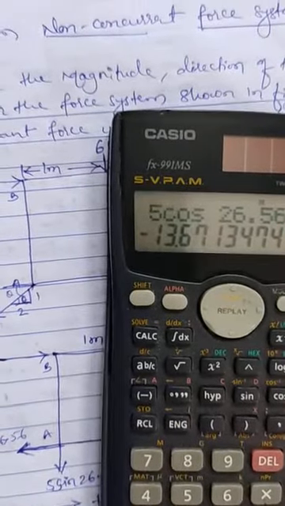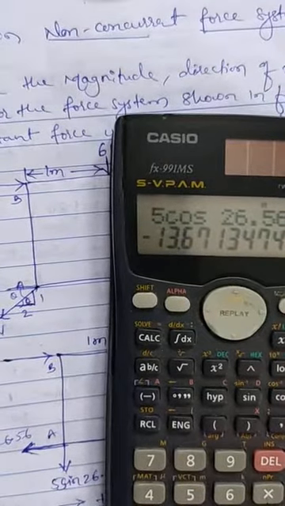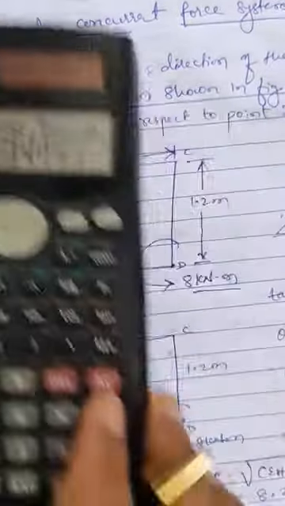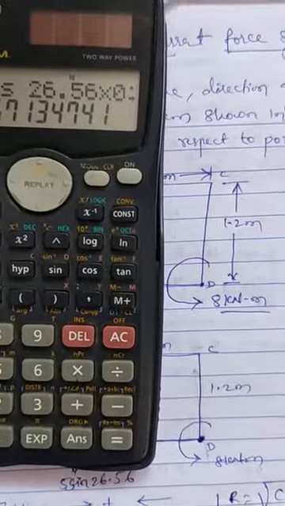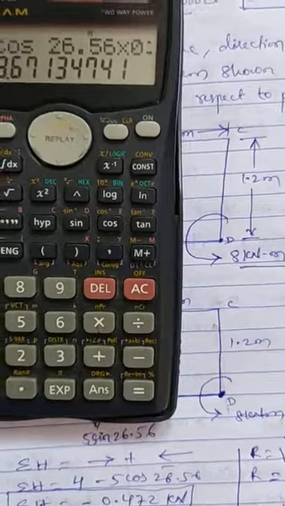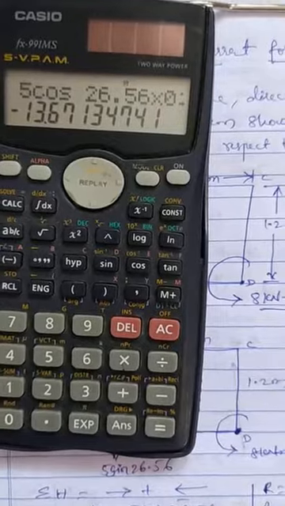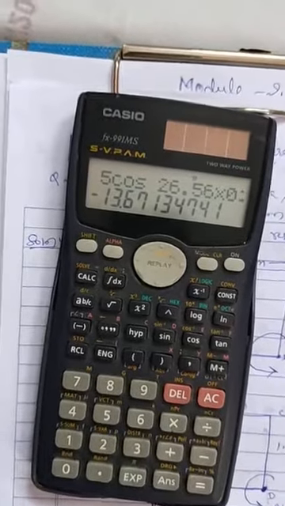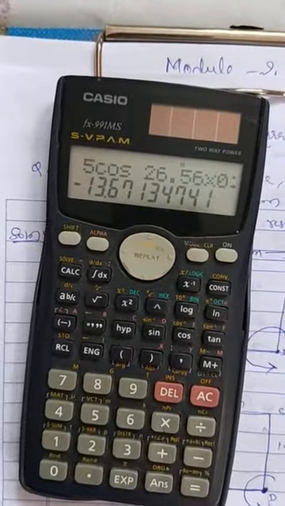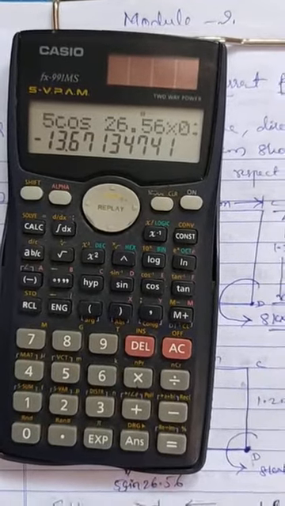Now calculate small x. Small x is the moment about D divided by summation of V, where minus 13.671 divided by the resultant, which is 8.249, is equal to 1.659. Sorry, summation of V is minus 8.236. Minus 2, the minus gets cancelled, it is plus meter.